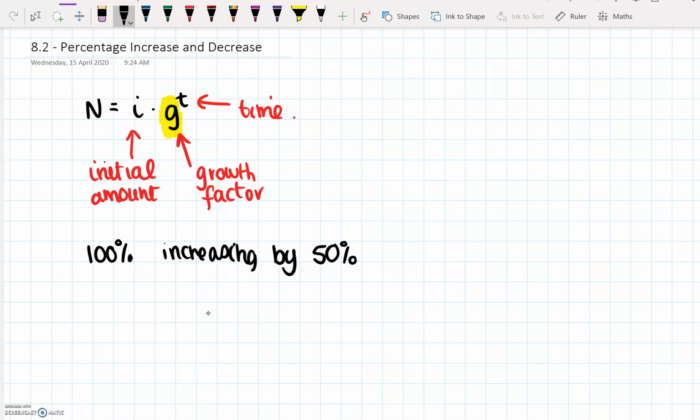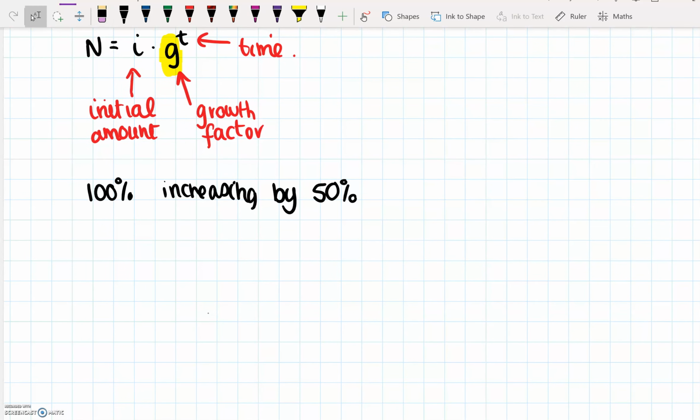Okay, so if we have 100%, we have what we have, and we're increasing it by 50%. What do we now have? So that means we now have 150%.